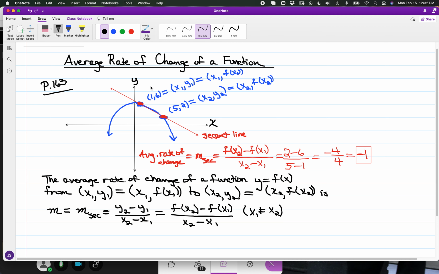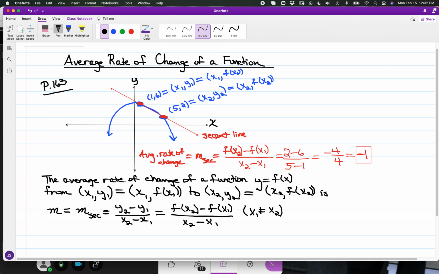For the average rate of change, this is just a functional notation for what we refer to as the slope. By a bit of a definition, we have the average rate of change of a function y equals f of x going from (x1, y1) to (x2, y2).